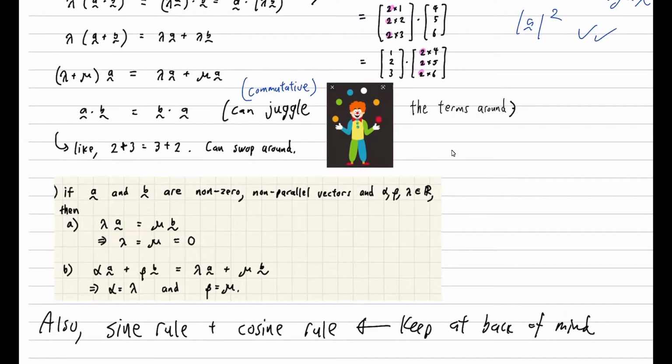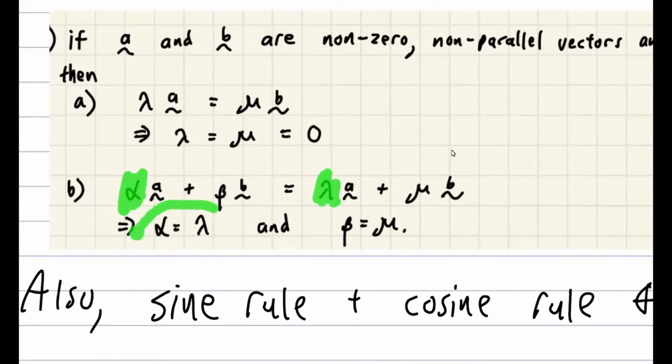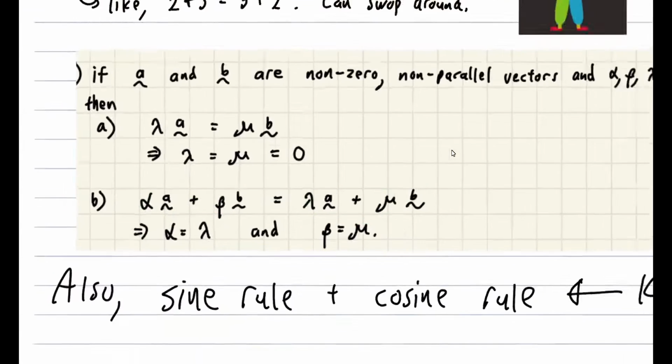And also, if you got extension, you add on a beta times vector B, and then you add on a mu times vector B. If you start off with alpha times vector A plus beta times vector B equals lambda times vector A plus mu times vector B, a bit like complex numbers, you can compare real and imaginary parts. Alpha here, lambda here, they are the same. Beta here, mu here, they are the same. Okay, let's compare.